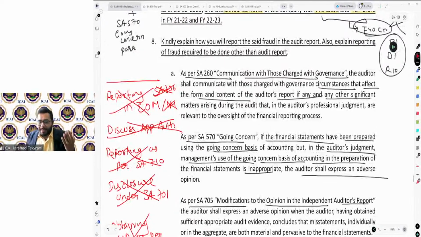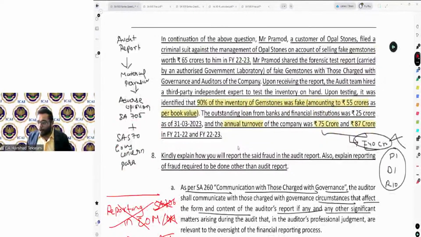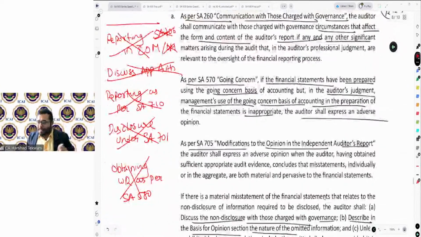There is no credibility of any written representation, and what audit evidence will I gather by obtaining written representation when there is a fraud? If you have given any of these answers, it's wrong. Clear?